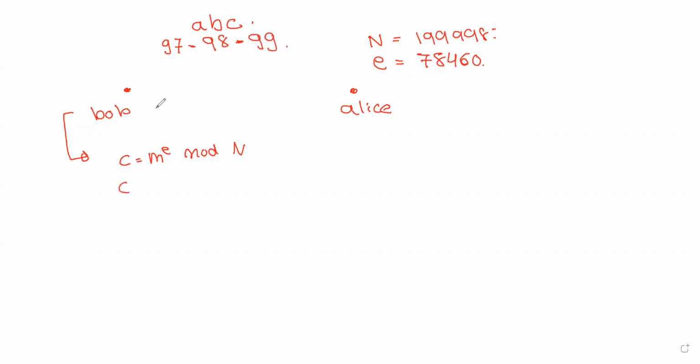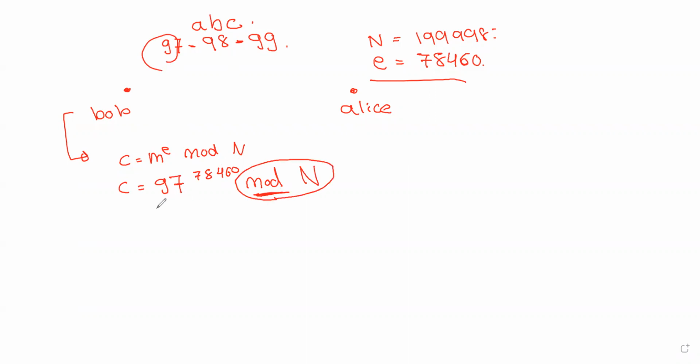So C will equal 97 to the power of E, which is given over the public broadcast, and then mod N, where mod is the modulus, so it brings the remainder. So C is equal to this garbled garbage that no one knows.